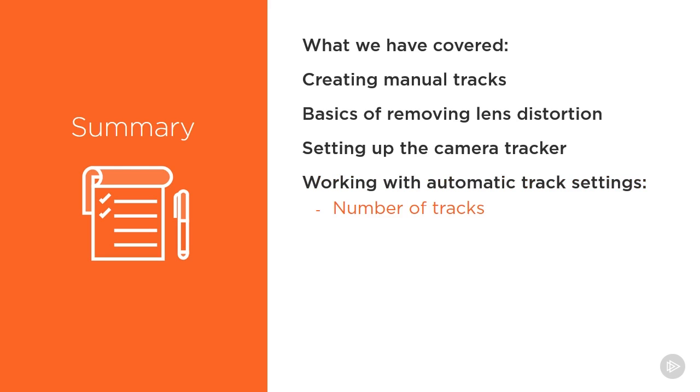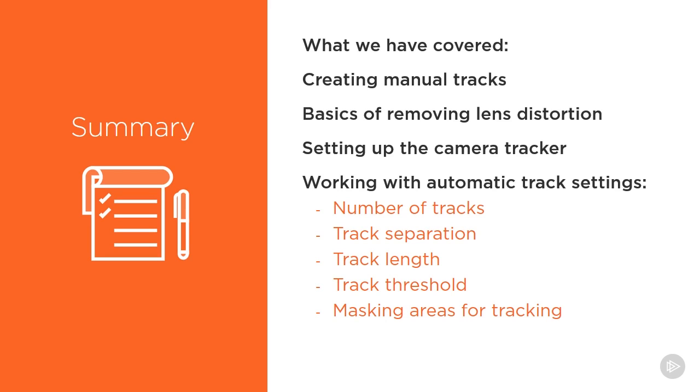So things such as the number of tracks, the track separation settings, the track length, so we know what the minimum length of our tracks should be, as well as a track threshold, so the detail level that it can still pick up on. And we also talked about using a mask that we made earlier, a roto, in order to only track in certain areas.